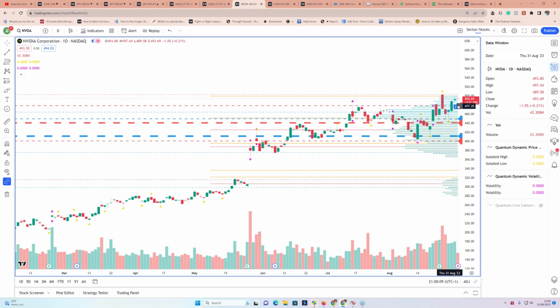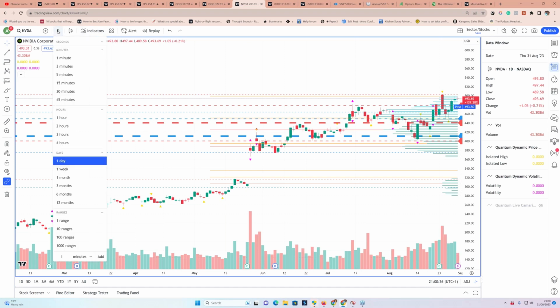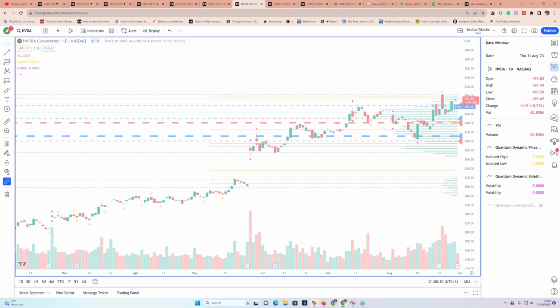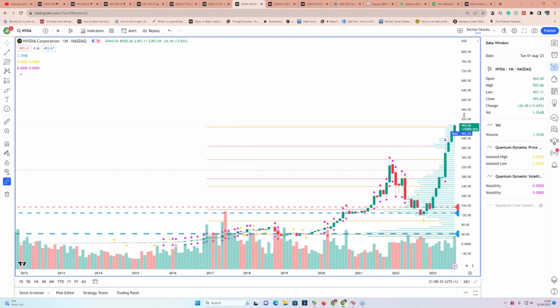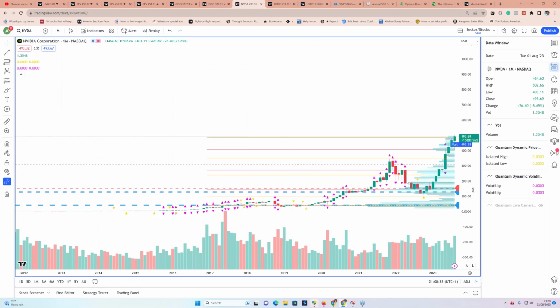Today, this is the daily chart, another slither, as we can say. You can barely see the candle. It's a tiny little doji, but hardly any volume underneath it. But what I wanted to go to was the monthly chart, because what everybody wants to know now is, where is this going?